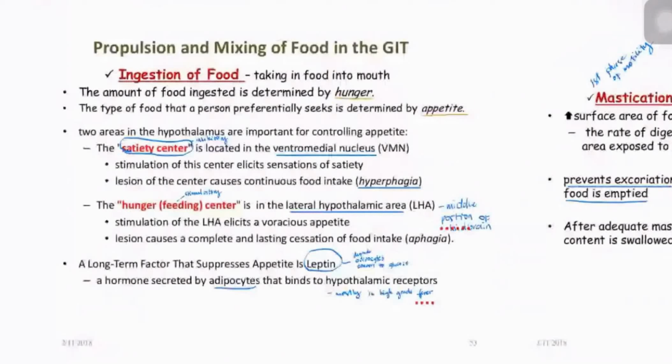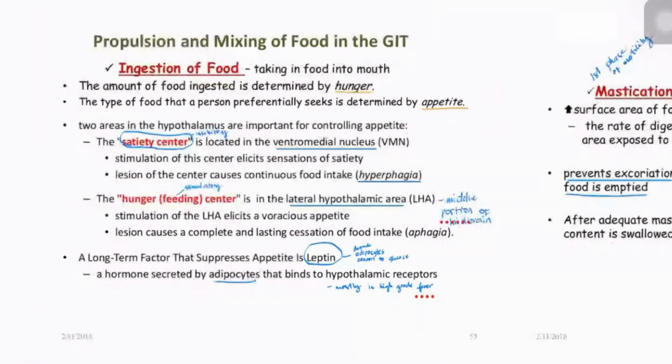First, we have your ingestion of food. It's the taking in of food into the mouth. When we say hunger, it's the amount of food ingested that is determined by your hunger. The type of food that a person preferentially seeks is determined by your appetite.